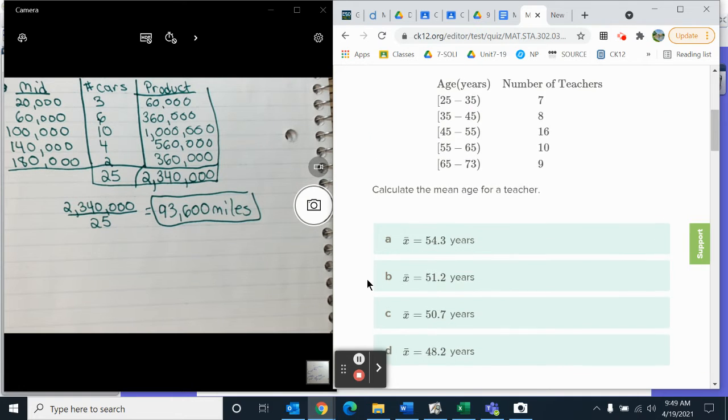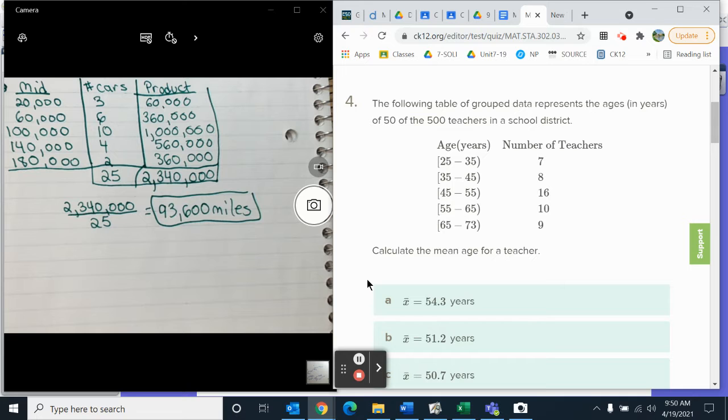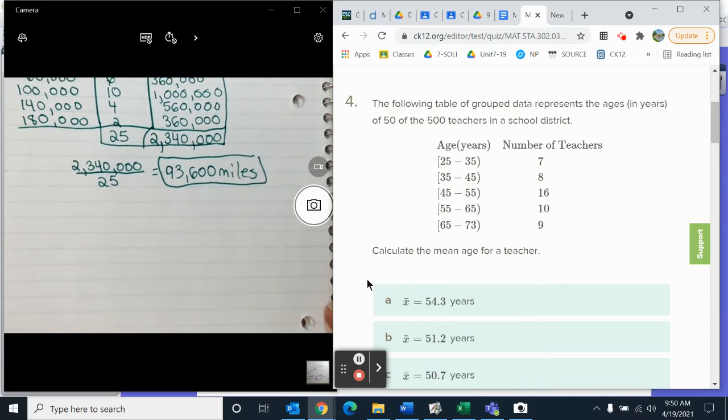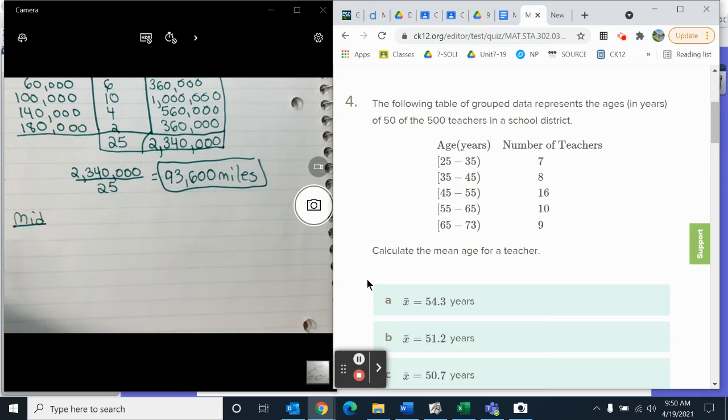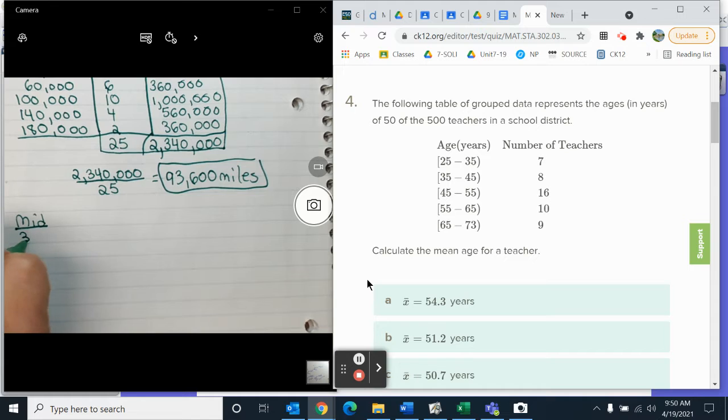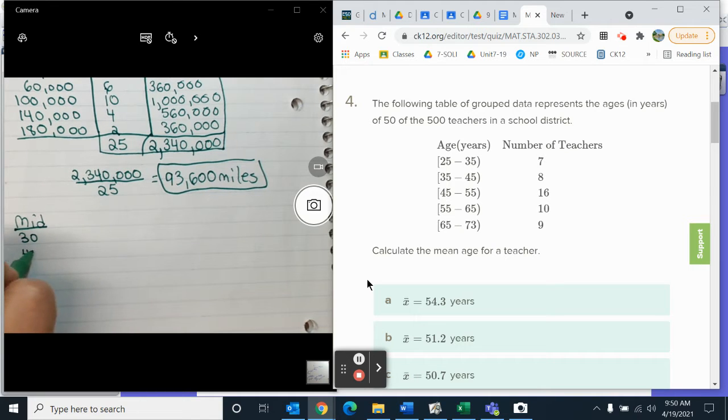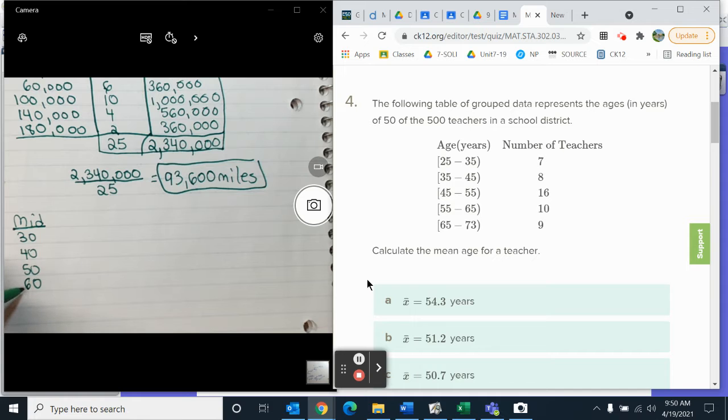The next question is looking at the mean of the age of teachers. So sliding up the notebook, here is the midpoint of those intervals. If one value is 25, the other is 35, halfway between will be 30, and going down is 40, 50, 60, and then this last one is halfway between 65 and 73.